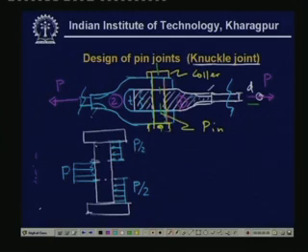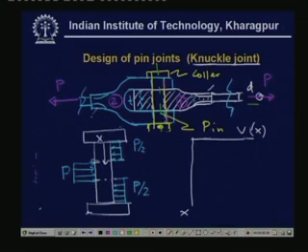Now you see, this is just like a beam which is subjected to transverse force. So we can draw various things like the shear force diagram. Let me draw the shear force diagram, V versus x, where x is the length along this pin.